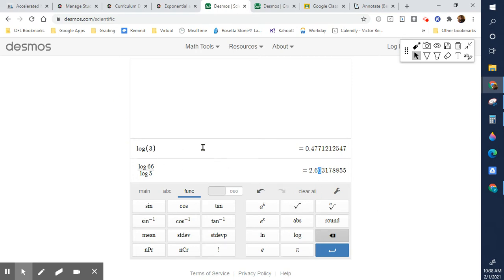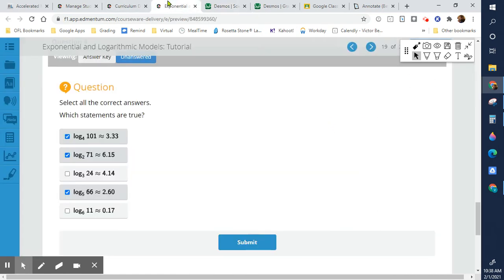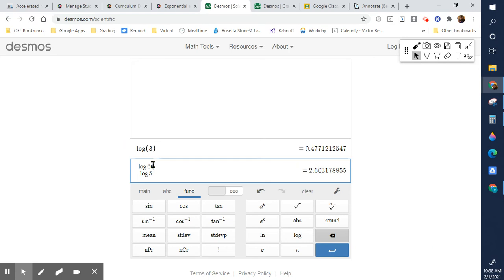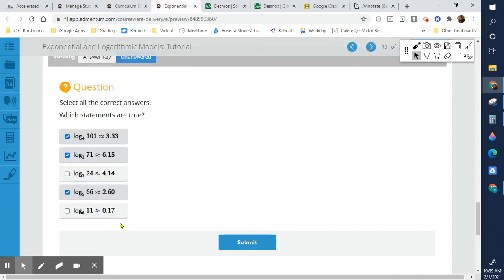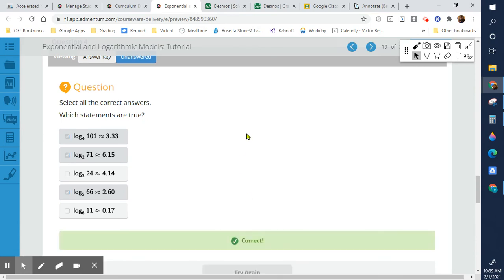So 2.603 is more accurate. And then log base 6 of 11. So we're going to do log 11 over log 6, and we get 1.33. Definitely not that. Nope. Double checking. Yep. So those should be our 3 answers.